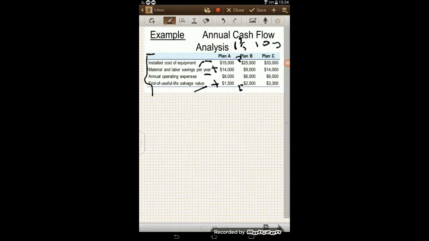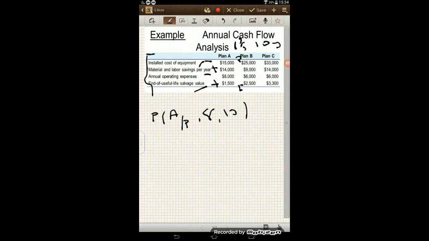So we are gonna make it as an annual series. For this present value of 15, right, we are gonna convert it to A over P, 8% for 10 years. So we need to change these 15,000, 25,000 and 33,000 into the annual series.